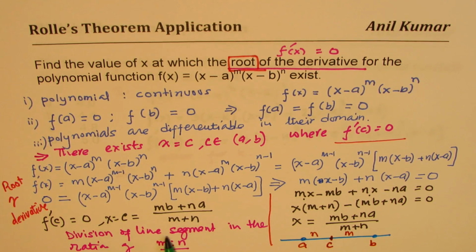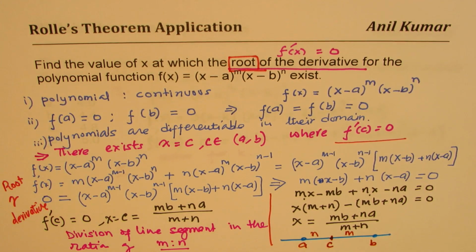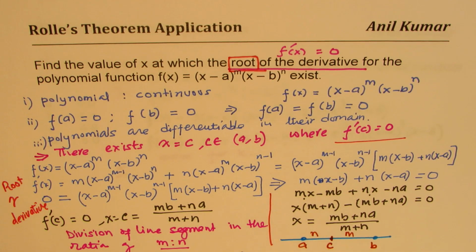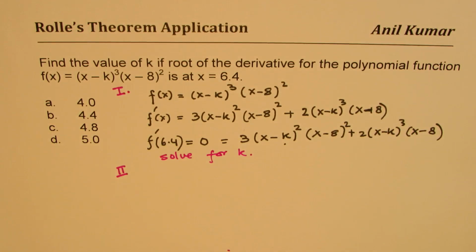It is like a division of line segment, right? So that's the formula. I'll provide you the link for this. Now the idea here is you can apply this section formula here and get your answer. Perfect. So go through the link and understand the concept behind, and then you can use method number 2.